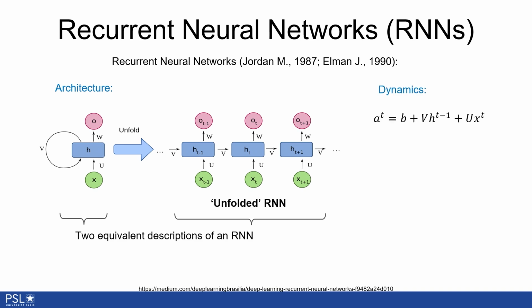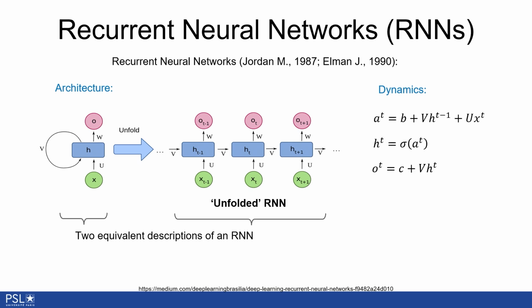The total activation a_t equals the input vector multiplied by the input weight matrix U, plus the hidden state from the previous time step multiplied by the recurrent weights V. And finally, we add the bias vector b for all units. This activation, a_t, then goes through a nonlinear function, such as a sigmoid or ReLU, to give the new hidden state at time t, h_t.